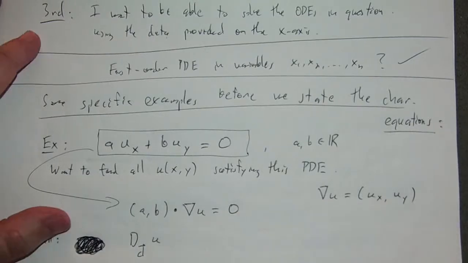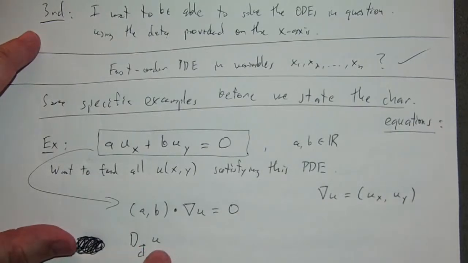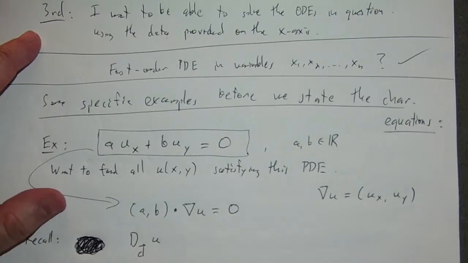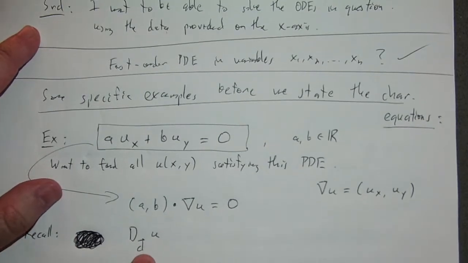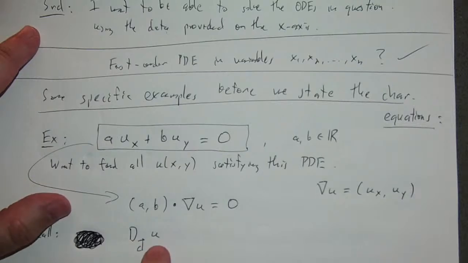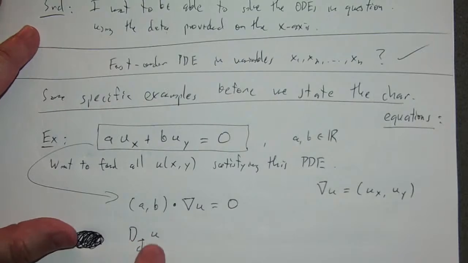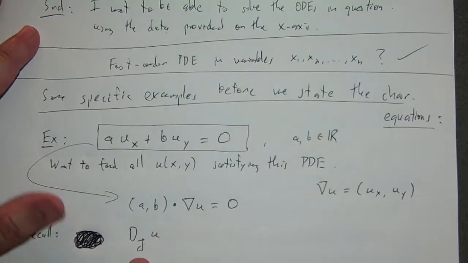If d is a unit vector, then this is just the gradient of u dotted with this vector.